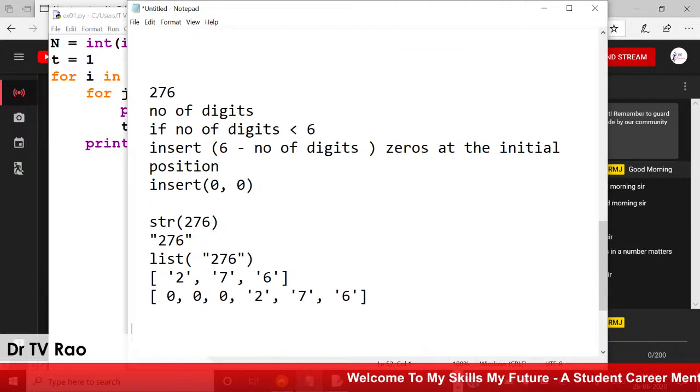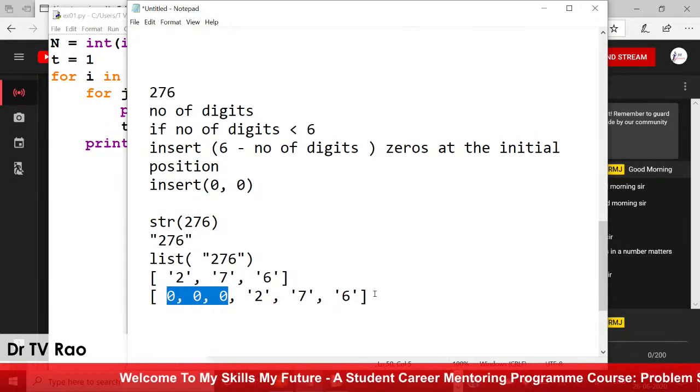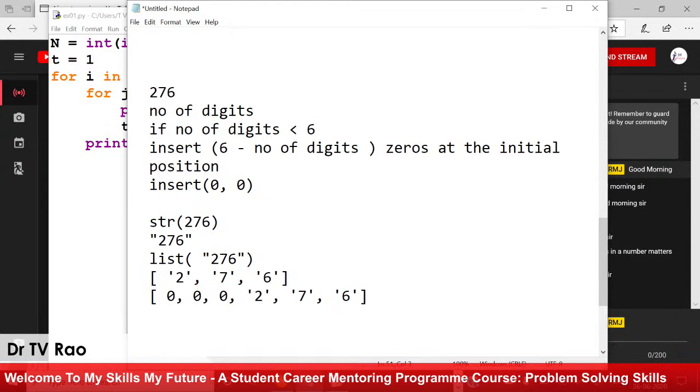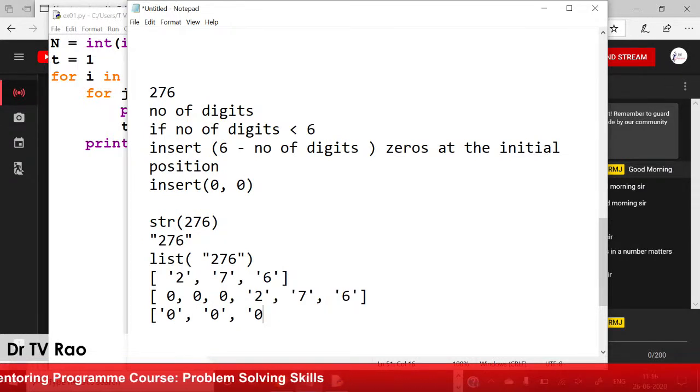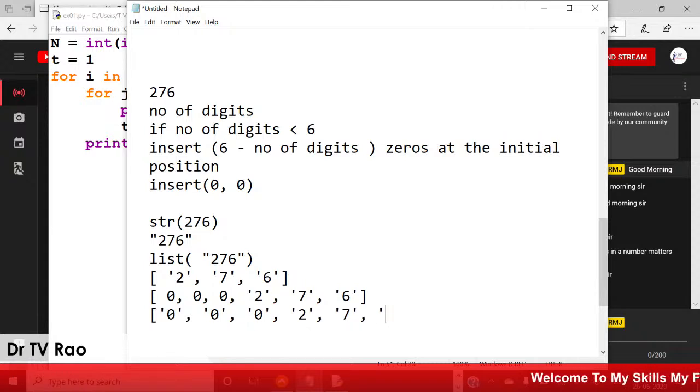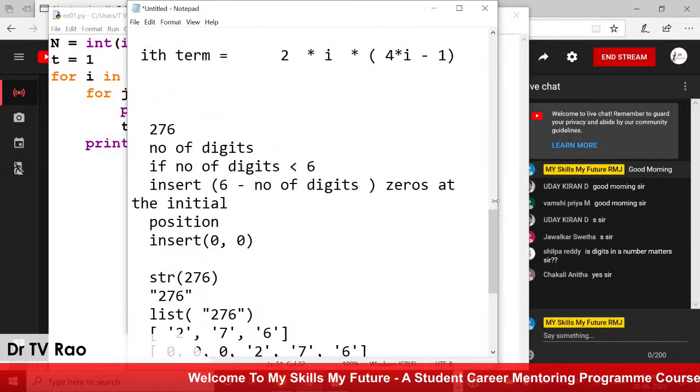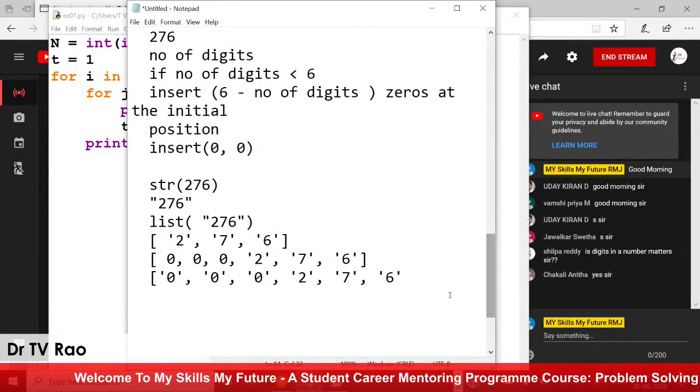Okay, if you insert zero, some of them are integers and some of them are strings. So what you need to do is you insert 0 as a string. Okay, then all are strings, right?